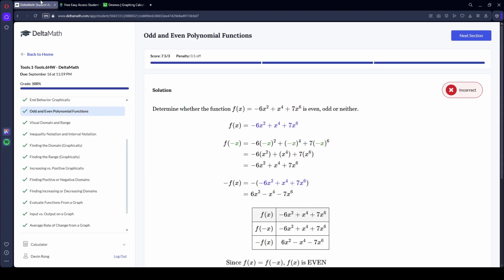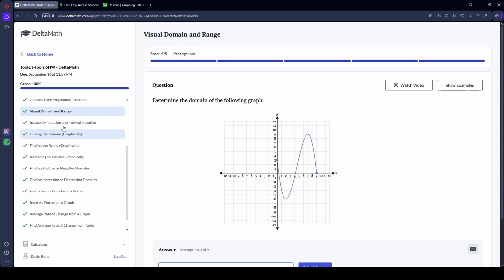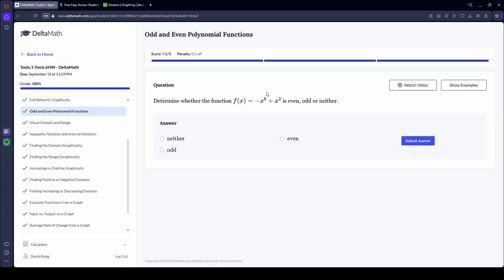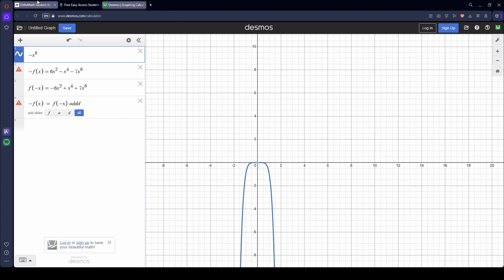Let's see why the odd is like that. I kind of want to see odd. Odd. Can you get an odd one? Negative x to the 6 plus x squared.